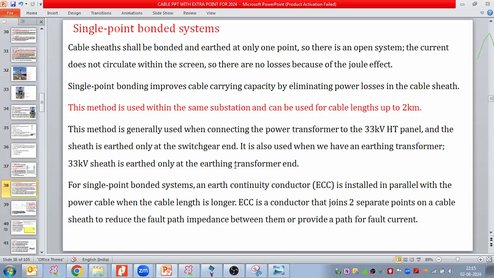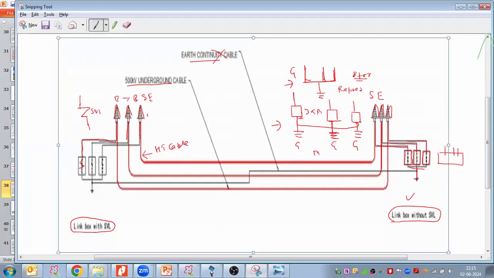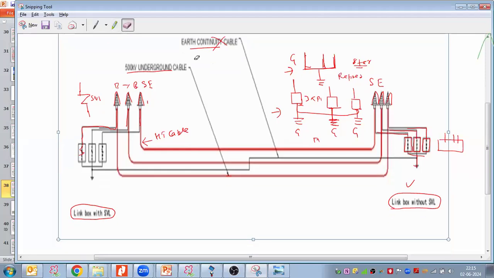Now the third statement. If you see in this method, is this an example of a double bonded system, solidly bonded system or single point bonded system?